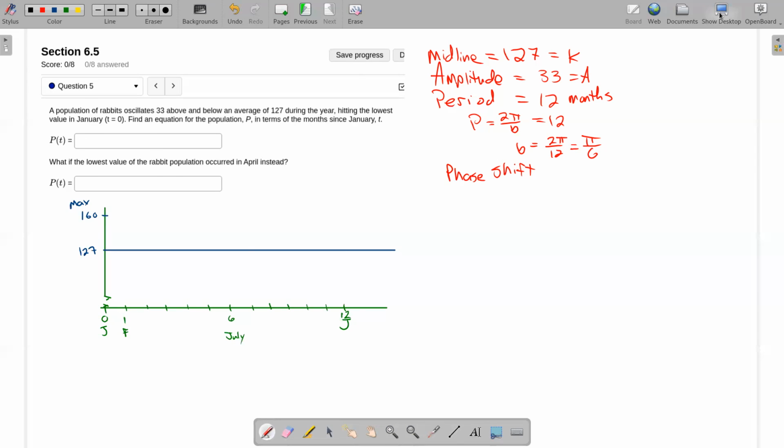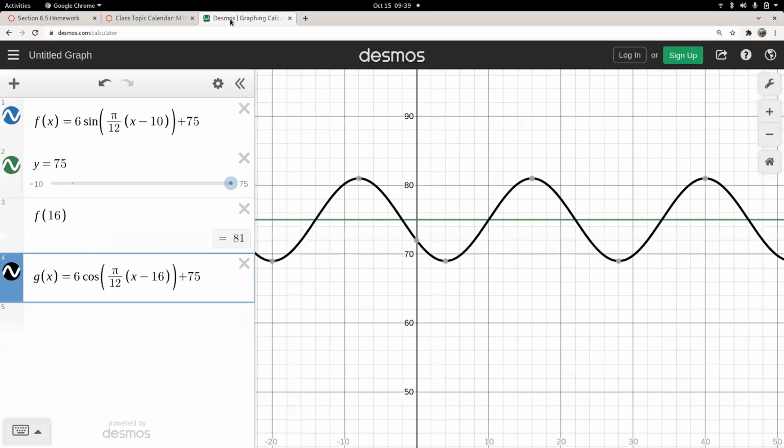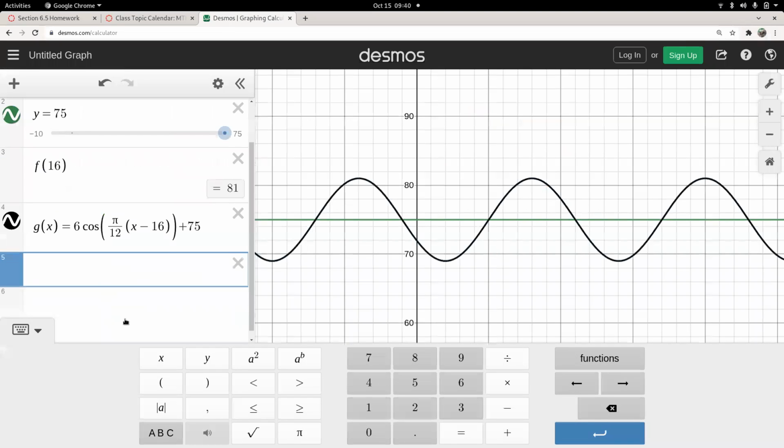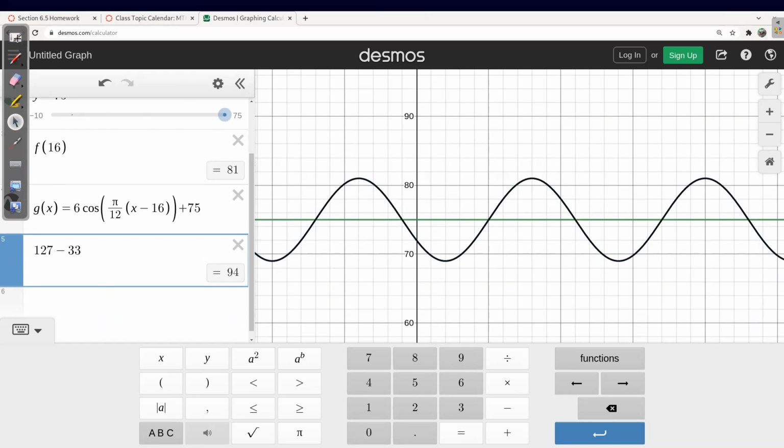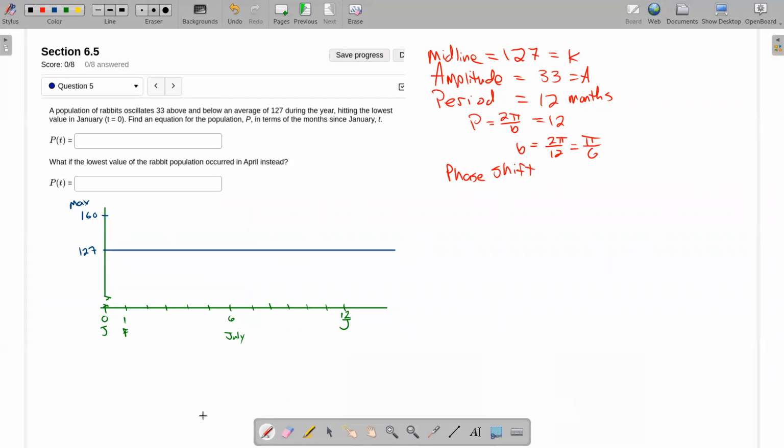For some reason, my brain's not doing that one. 127 minus 33, 94. There we go. Thank you, computer. Help my brain. All right, so again, down that same amount right there is 94. So that's my min. Okay, hitting the lowest in January.